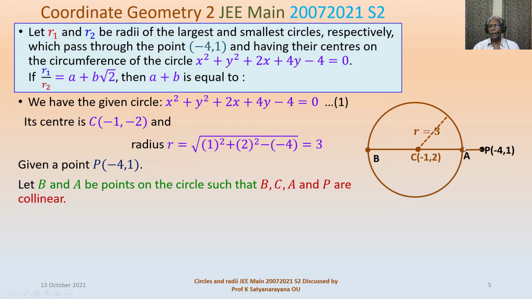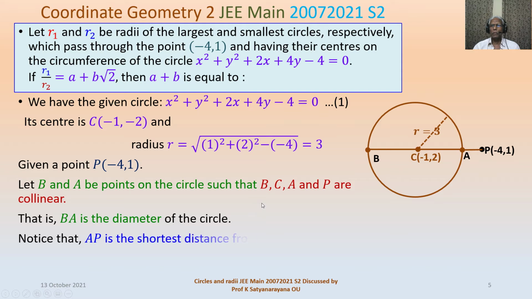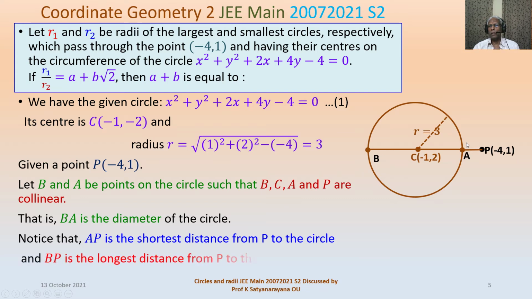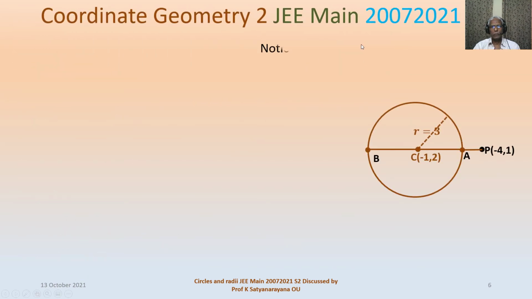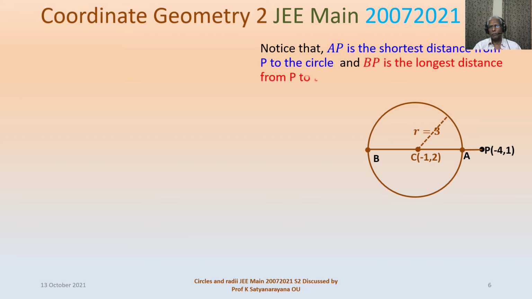It means BA is the diameter of the circle, and AP is the shortest distance from the point P to the circle, while BP is the longest distance from the point P to the circle.